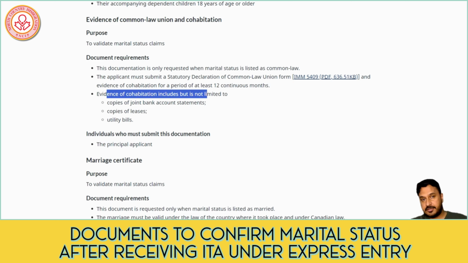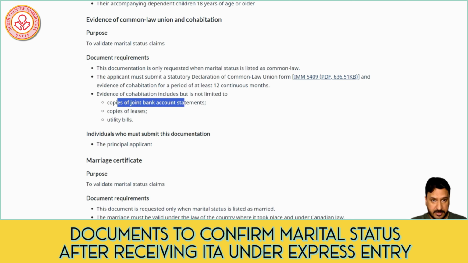Now coming to the evidence of cohabitation. Evidence of cohabitation includes but is not limited to, so this is not an exhaustive list: copies of joint bank account statements, copies of leases, utility bills, and, if you are employed, any insurance policy through your employer under which you have named your common law partner as a beneficiary.